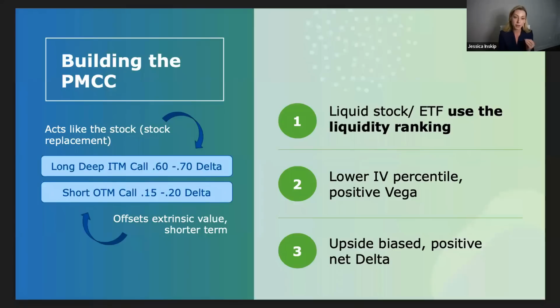Since the primary driver of this strategy is this long, deep in the money call, we're looking for a positive Vega situation to help us get a higher premium on that long call we purchased, because we want that upward momentum. So we want a lower IV percentile, which means it's lower in comparison to its implied volatility. That's something we'd want to buy. So maybe looking for something under 50.